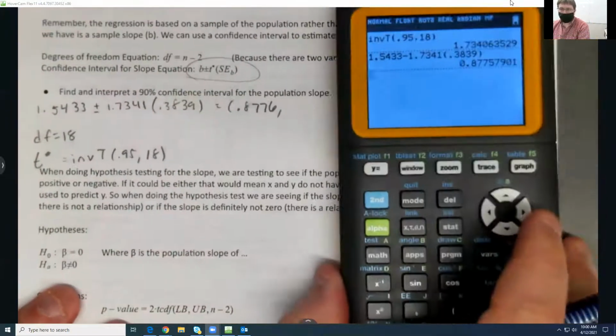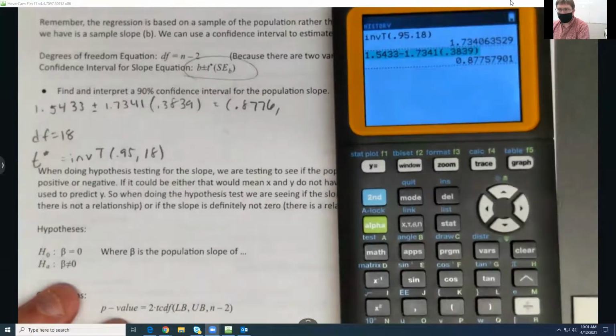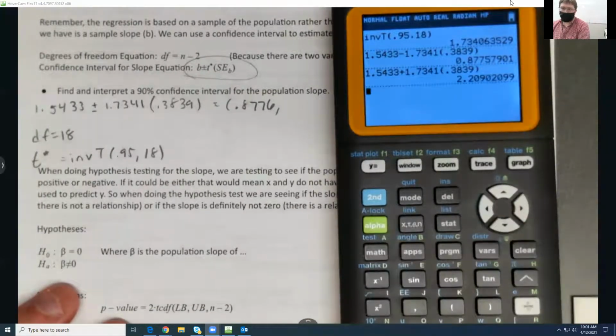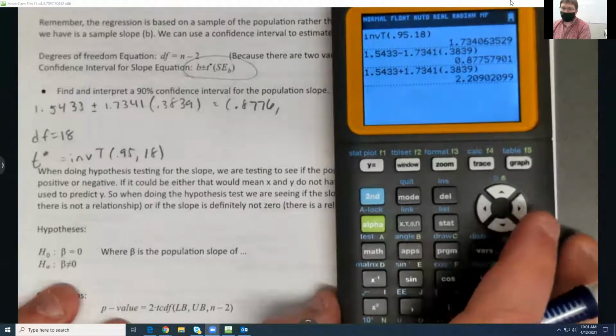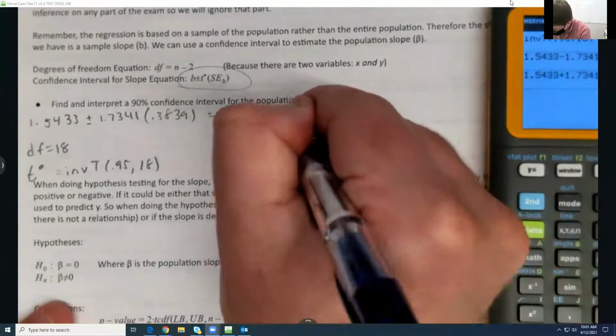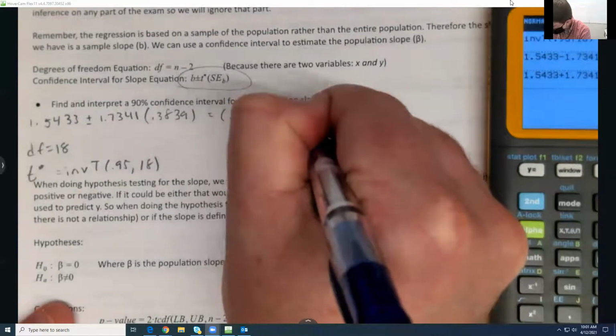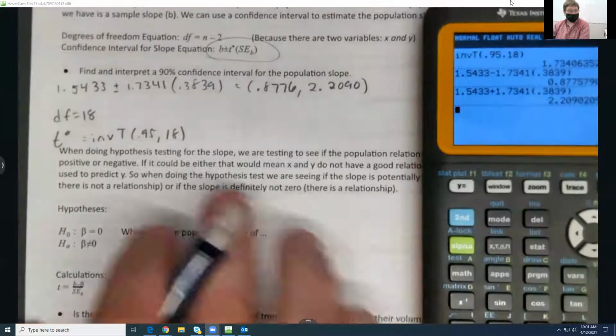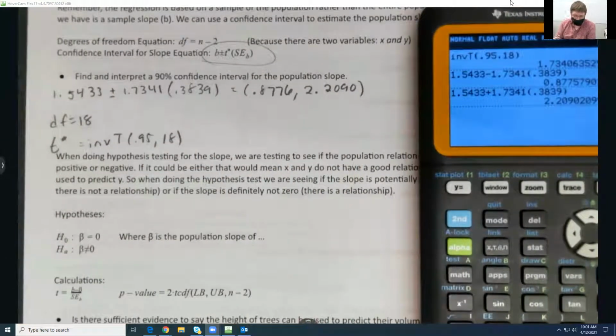And then for the upper interval, I can just copy that again because I'm lazy and change this to a plus. And I'm going to get 2.2090. All right, again, are we okay with this? We just did our confidence interval, and outside of writing the conclusion, we're done.